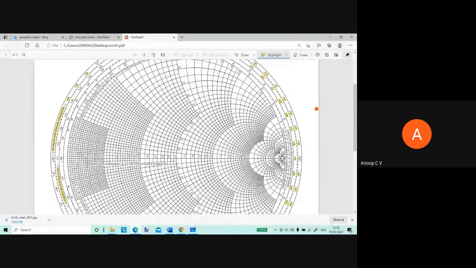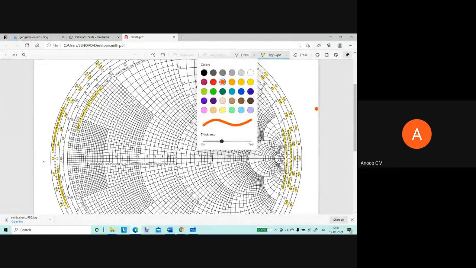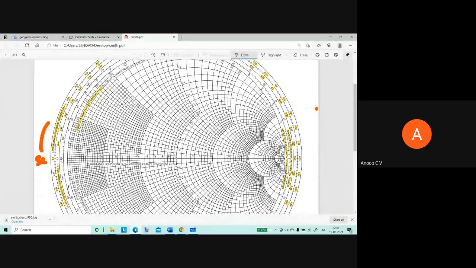When you are moving from the short circuit end towards the generator through the constant SWR circle, so this is the short circuit end, if you are moving in the clockwise sense, you can see distance in terms of number of wavelengths.